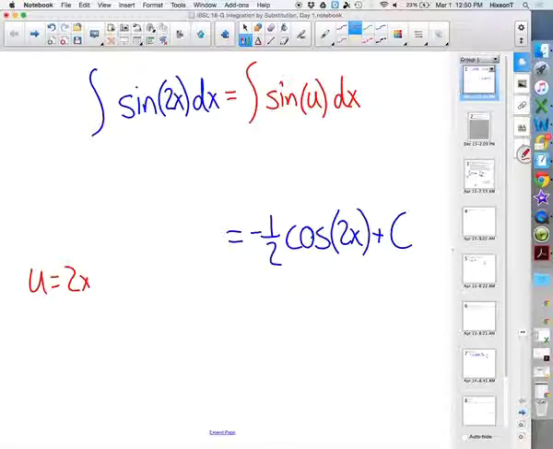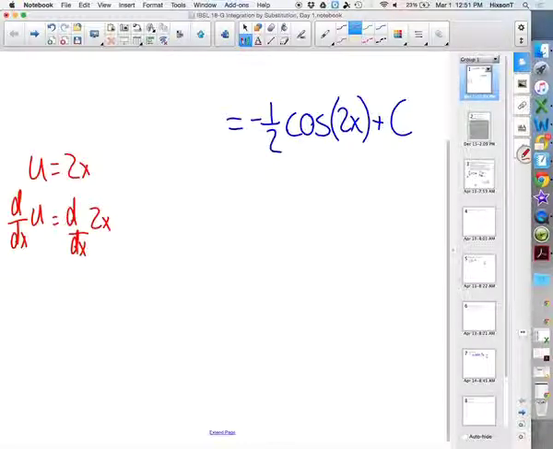Now watch this. This is where it's kind of interesting. What I'm going to do is take the derivative with respect to x on both sides. Okay? So I have the derivative of u with respect to x equals the derivative of 2x with respect to x.